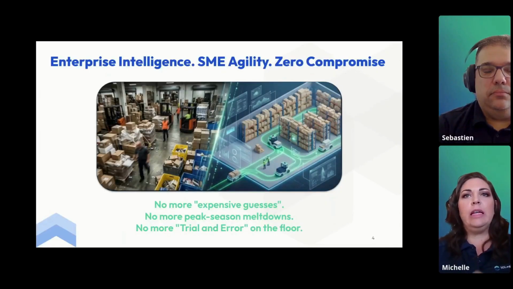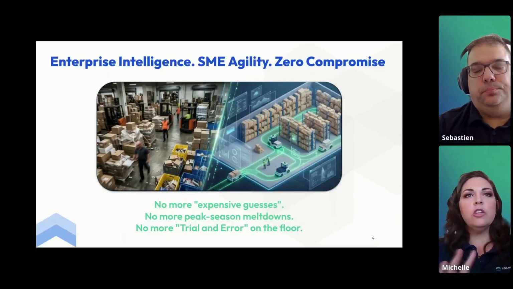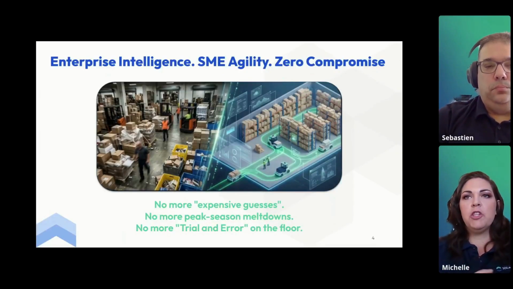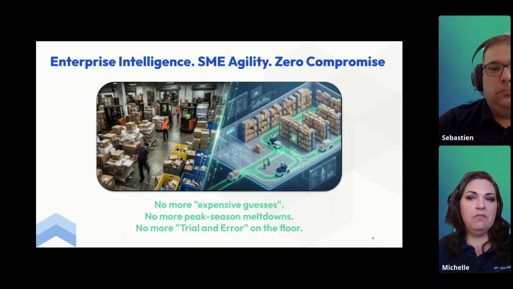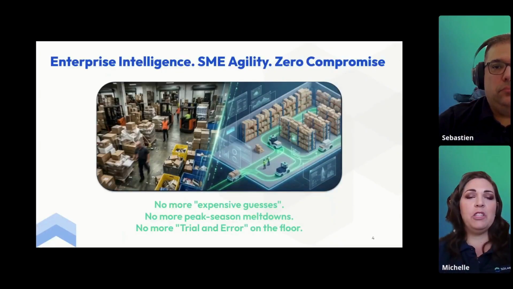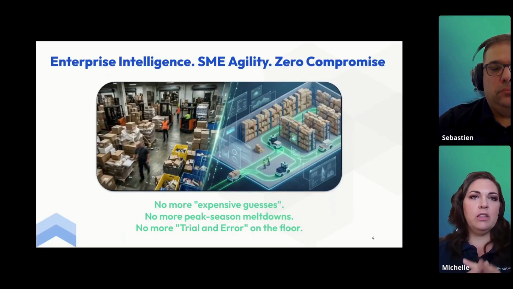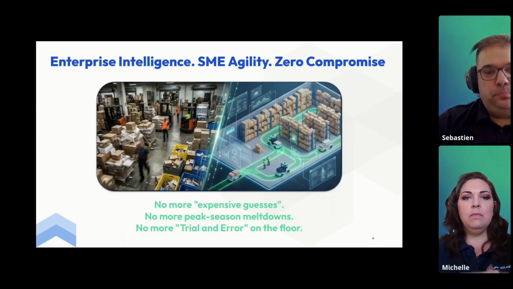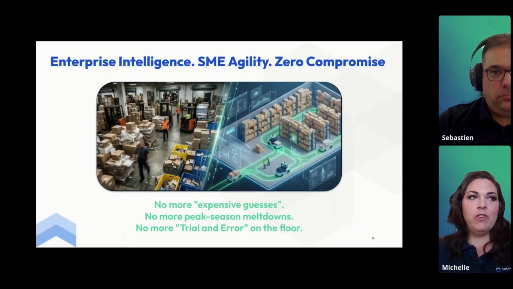So we're trying to eliminate that whole search and rescue mission and replace it with a visual truth. Something like this could potentially even affect your sales order. The stock is there, you sell the item, you get to the bin, it's not there. Now what? It's really not a good position to be in.